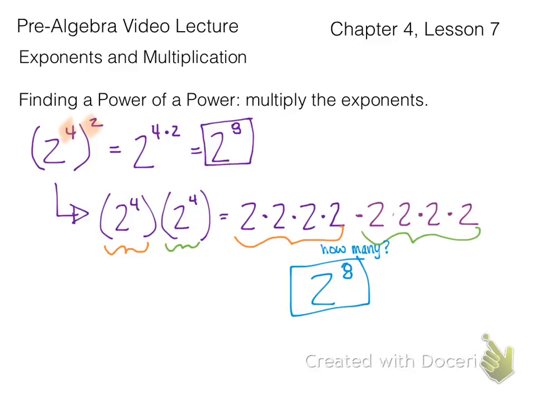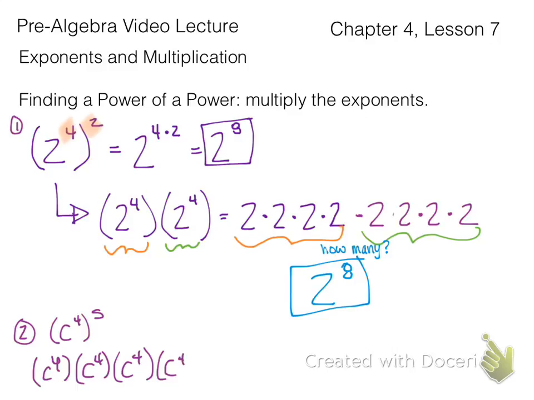So let me give you two more examples. If I were to write this in expanded form, it would be c to the 4th times c to the 4th times c to the 4th times c to the 4th times c to the 4th. Because remember, the exponent tells you how many times to multiply the base. So in this case, the base is c to the 4th. But the innermost base is actually c.